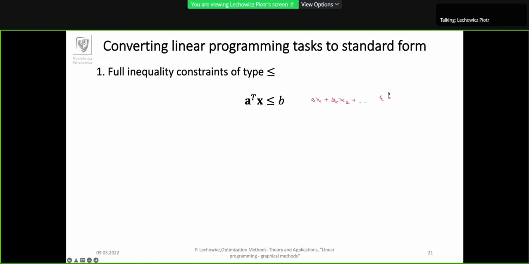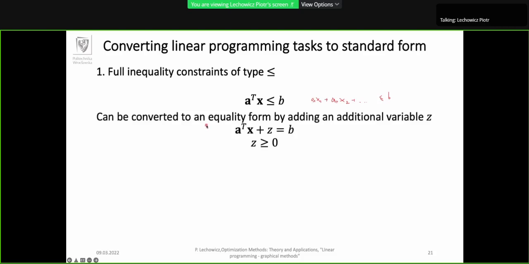It is lower or equal than b. And how can we convert it to equality? We can do so by introducing an additional slack variable z. So if we add this variable to this inequality, we can change this sign into equality. And we have to make another assumption that this new variable is greater or equal than 0.